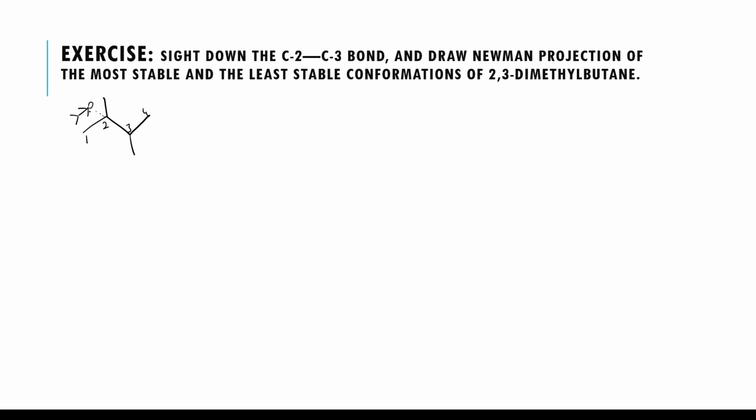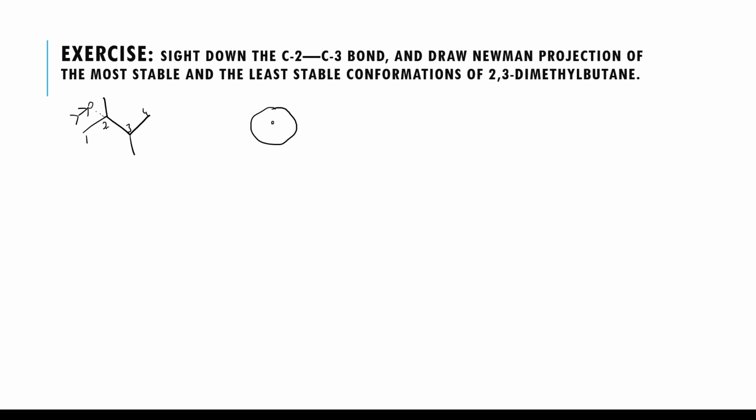When this observer looks through the second and third carbon, the second carbon will be the front carbon and the third carbon will be the back carbon of the Newman projection. So the back carbon is shown with the circle, and the front carbon will be shown with the dot in the center.